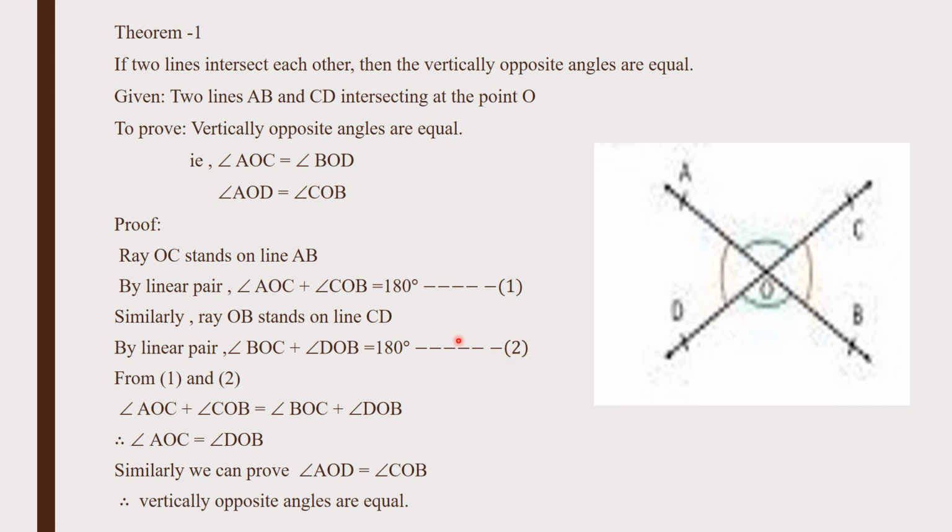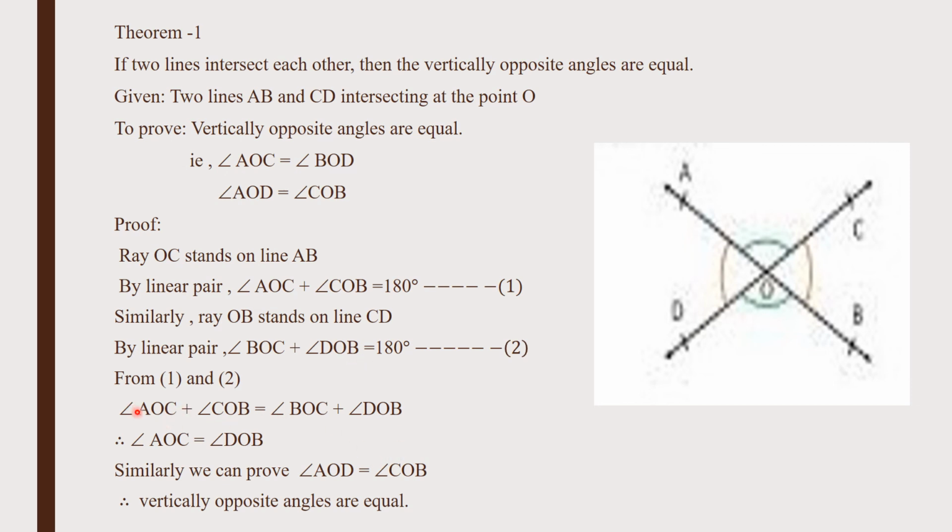Clearly, right hand side of equation 1 and equation 2 are equal. So, their left hand side are also equal. Therefore, we can write from 1 and 2, angle AOC plus angle COB is equal to angle BOC plus angle DOB.